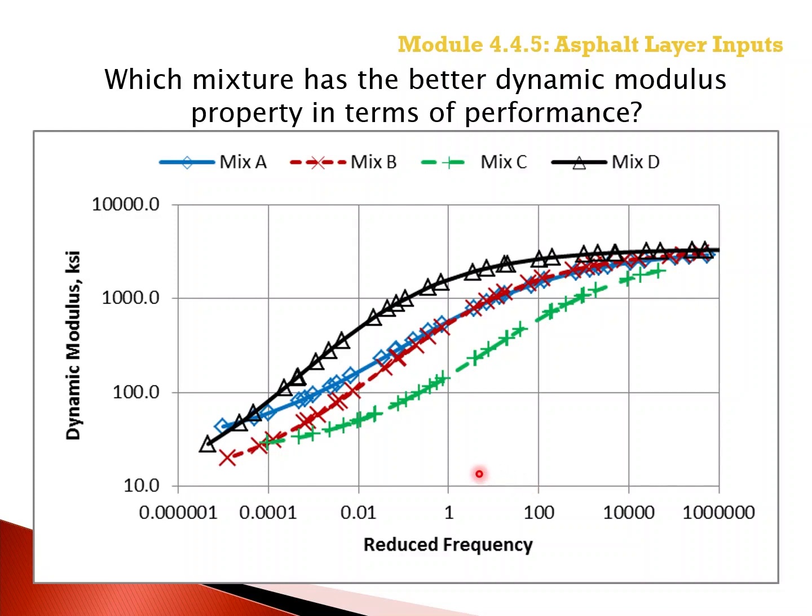So just a little time for the reviewer to think about which of these mixes would exhibit the lower rut depths, the lower lengths of transverse cracks, and or the lower amounts of bottom-up fatigue cracks.